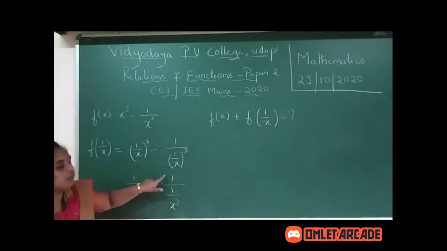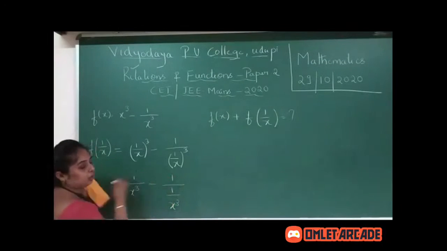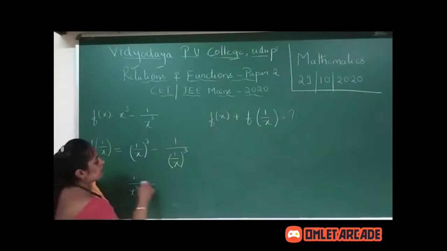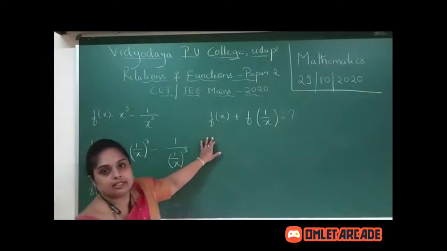Now here this x cube will go to the numerator. So 1 divided by 1 by x cube will be x cube. So this would be x cube. Okay, I know f of x. I got f of 1 by x. Now I can easily find this.